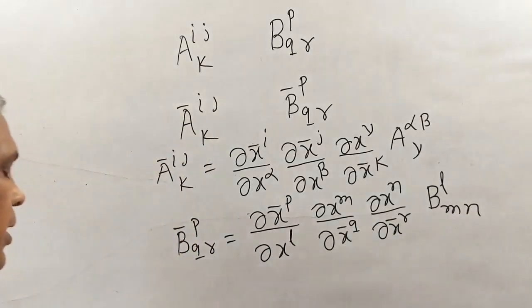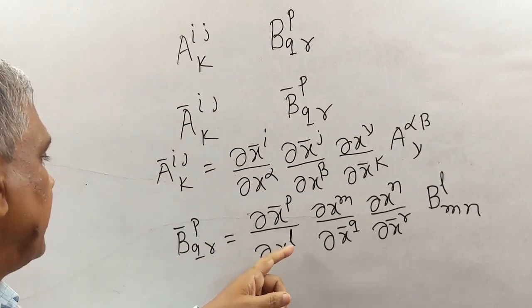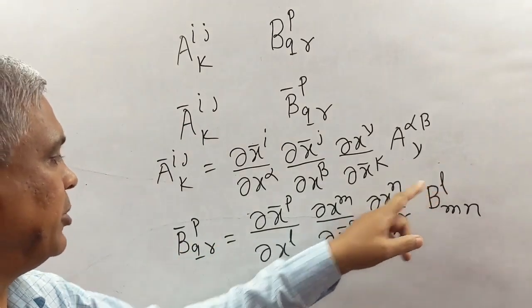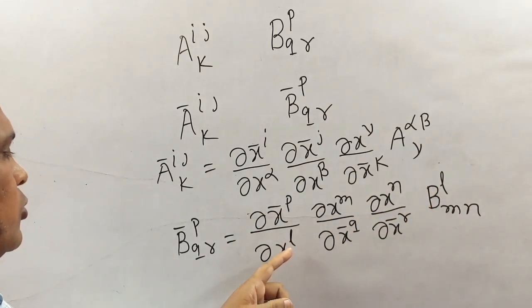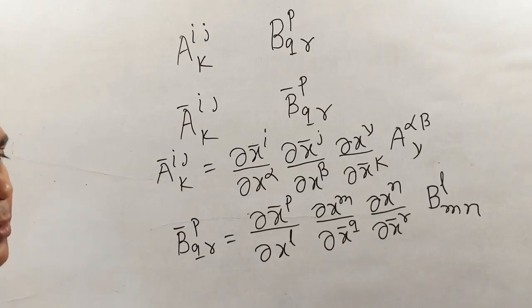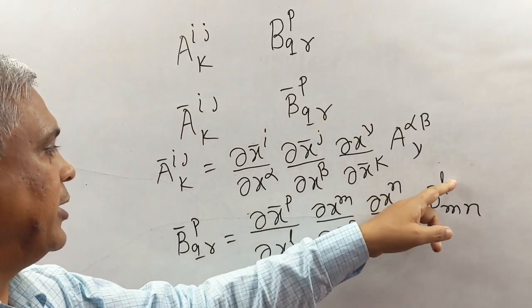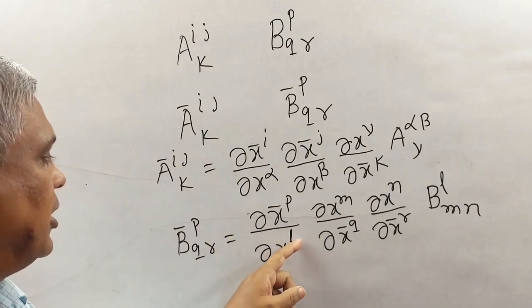Here we have to remember that we have taken the suffix l as a dummy suffix, so we may take any type of dummy suffix. In place of l we may write another suffix, but that must appear here and here.